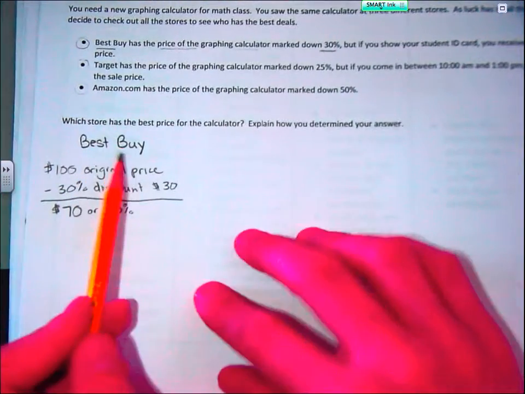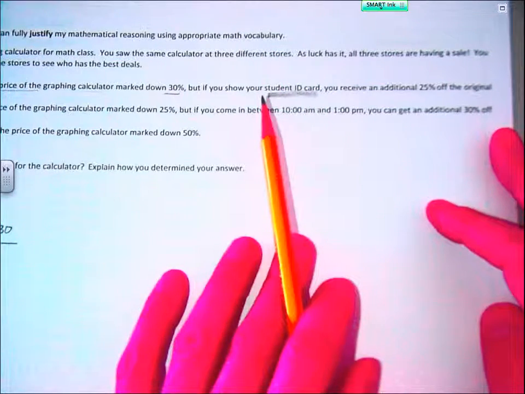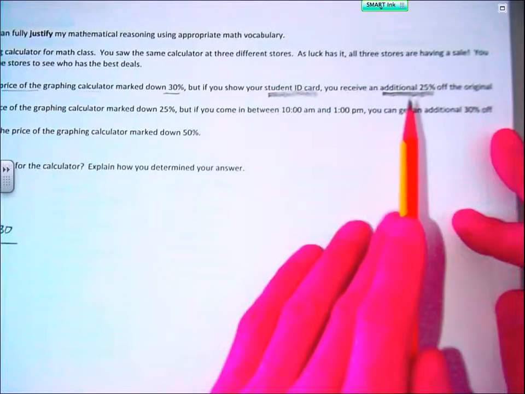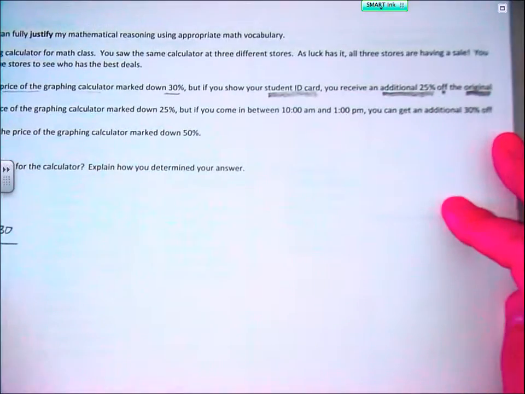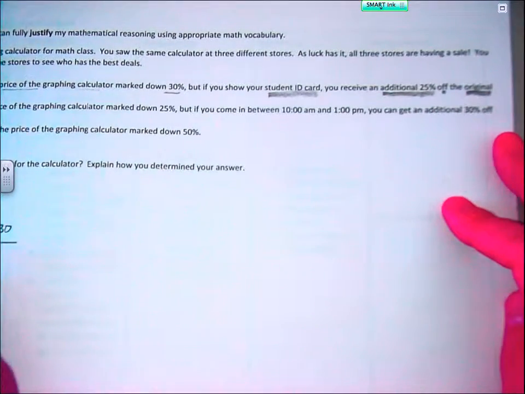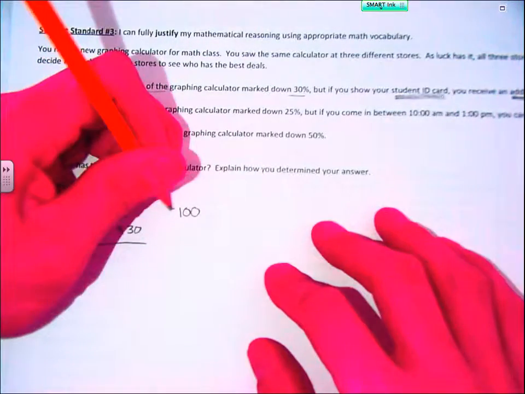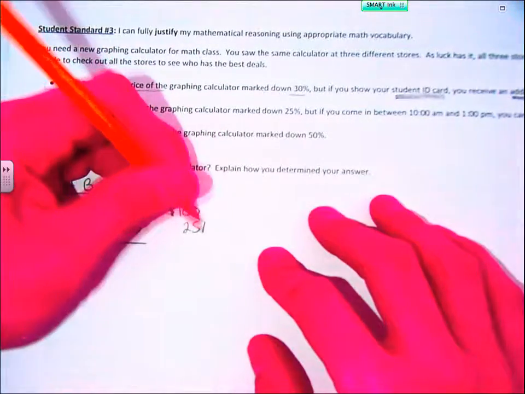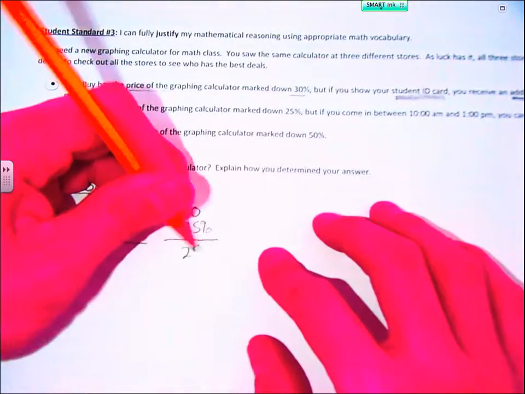For Best Buy, they then say, but if you show your student ID card, which you better do, you receive an additional 25% off the original price. Well, the original price was $100. 25% of the original price would be $25.